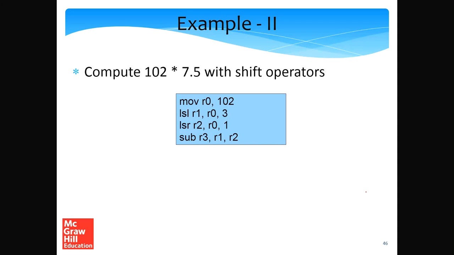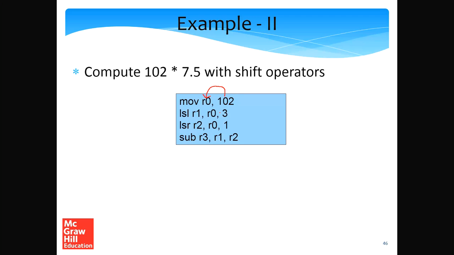So let's consider one more example, which is not that difficult once you know the answer. So let's compute 102 times 7.5 with the help of shift operators. So the first thing is to assign 102 to a register R0.